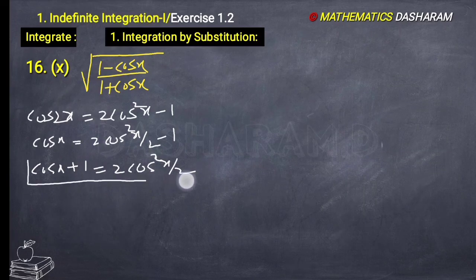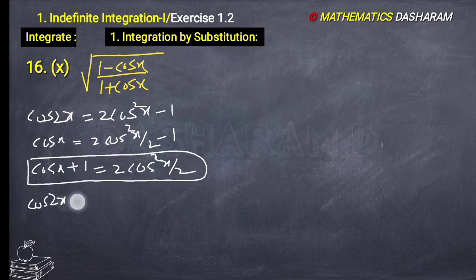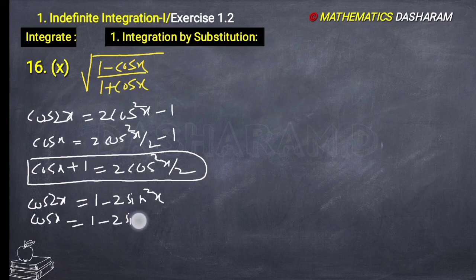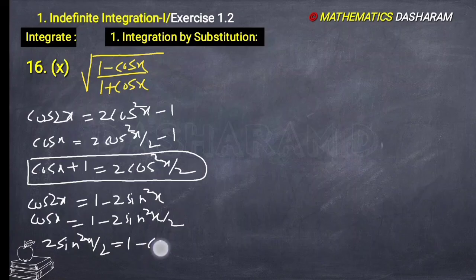So cos x plus 1 equals 2 cos square x by 2. One more formula for cos 2x is 1 minus 2 sin square x. From this, cos x equals 1 minus 2 sin square x by 2. Then 2 sin square x by 2 equals 1 minus cos x.